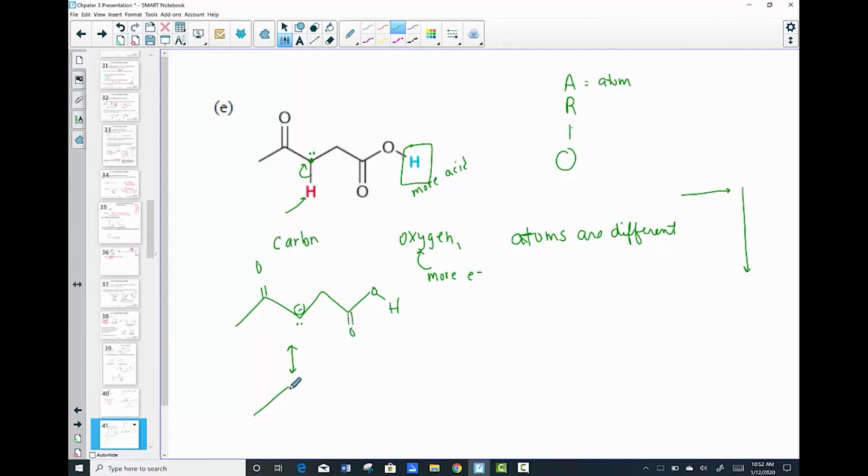Coming back here, we have OH. Here's that double bond O. When I think about what could happen in terms of resonance, this negative charge could absolutely be stabilized through resonance. This particular set of electrons can form a pi bond, forcing this to come up and make the oxygen carry the negative charge. And the double bond would be placed here.